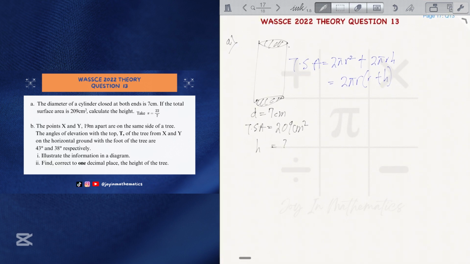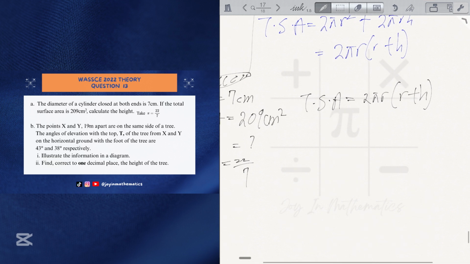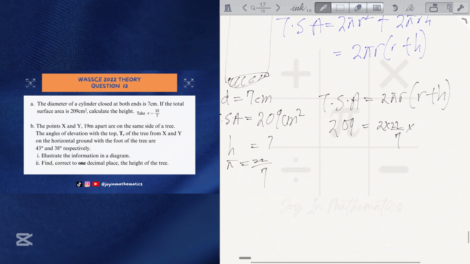Now, moving on, we are asked to calculate the height, and we're given that pi is equal to 22 over 7. So now let's apply the formula that total surface area is equal to 2 pi r multiplied by r plus h. So making our substitution, total surface area is 209. The pi is 22 over 7. The radius, okay, the radius is what?